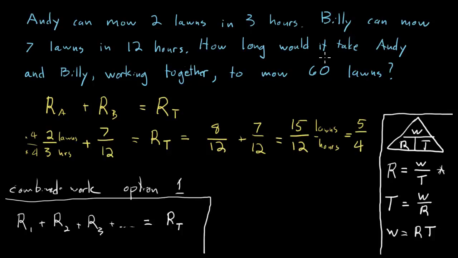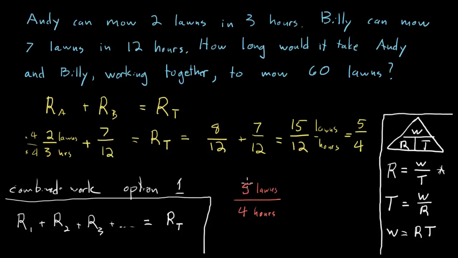Well, there's a few options. This is the rate. So we could go back to our formulas, and since we're looking for how long it would take them, we could use our time formula: the time is going to be the work of 60 lawns divided by the rate of 5/4 lawn per hour. Or what I like to do is think of it as a ratio. We know together the rate is 5 lawns per 4 hours.